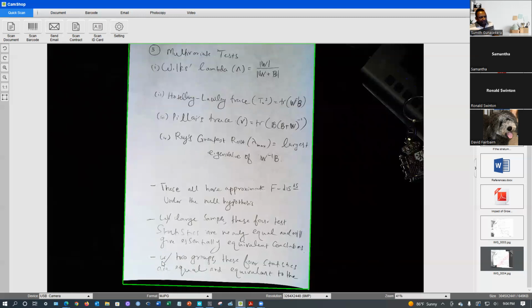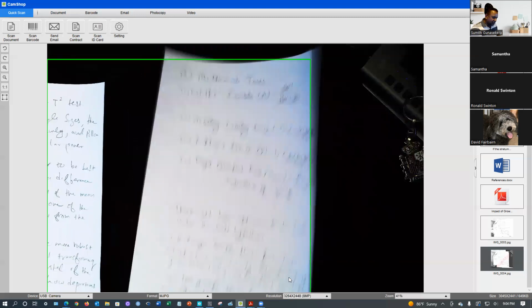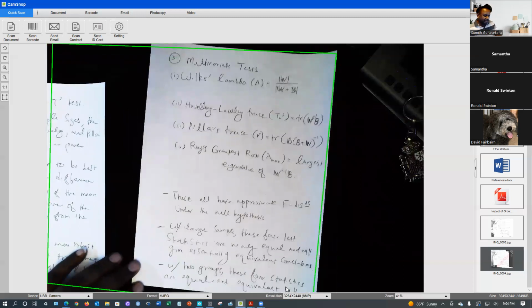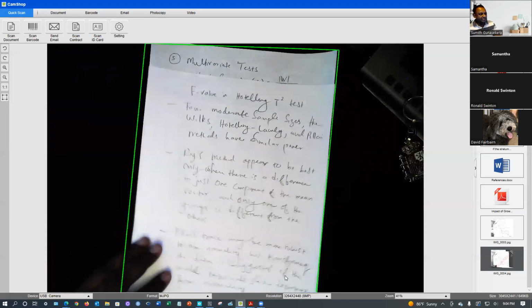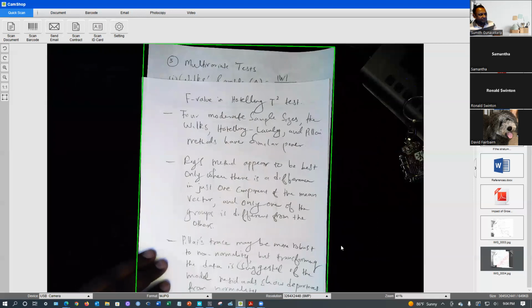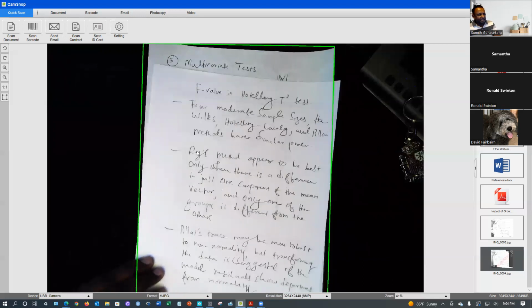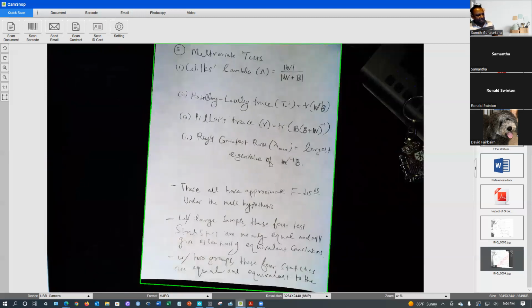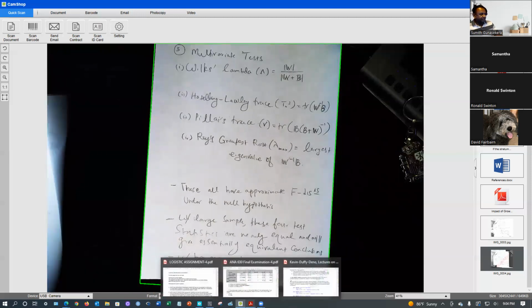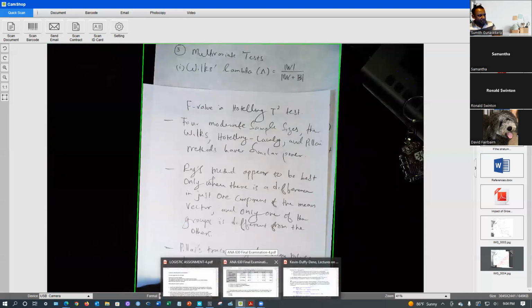On the other hand, with two groups, these four statistics are equal and equivalent to the F value in the Hotelling T-test.